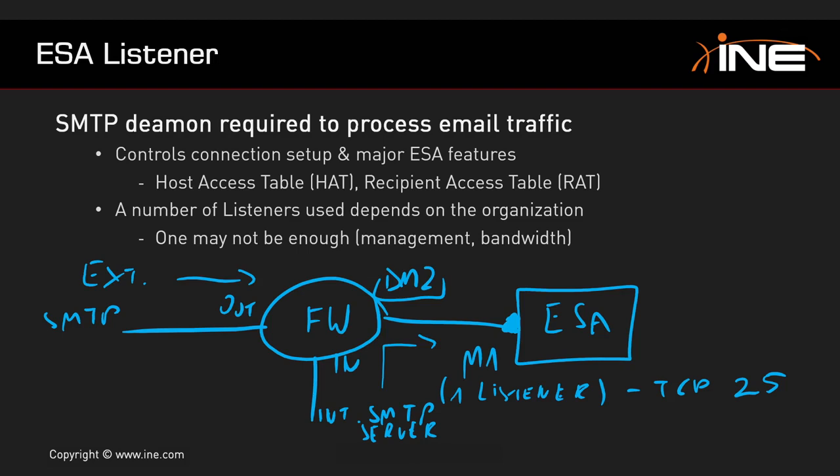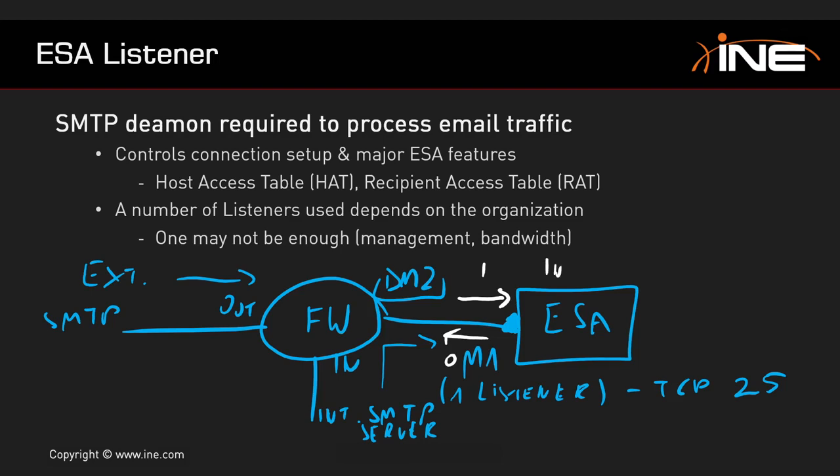Okay, of course, one obvious thing here is that since you are using one interface for incoming connections from the outside, and you also use this single interface to relay internal connections, you will have to share the bandwidth of this port among all connections, inbound and outbound.